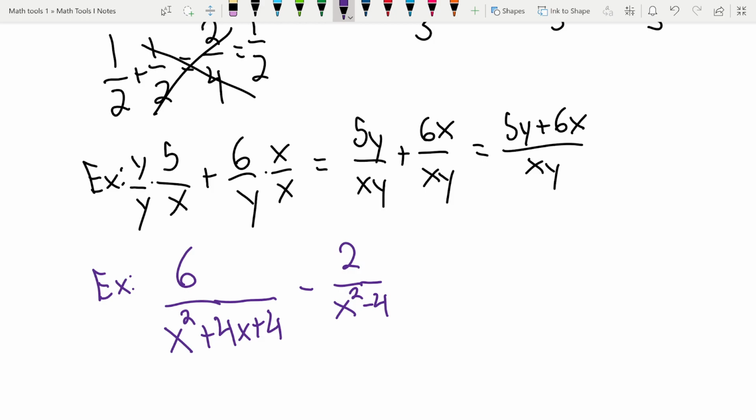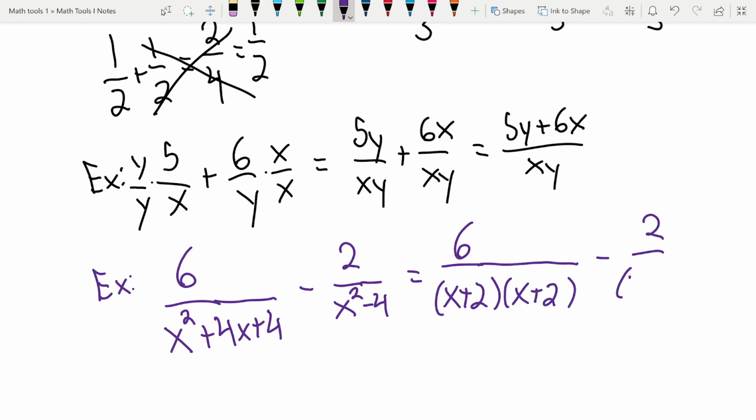So it's a good idea if we're looking for the least common multiple of these two to factor it first so that we can see what kind of factors they share. Okay, so this is 6 over x plus 2 squared minus 2 over x plus 2 times x minus 2. Okay. So this tells us that their least common multiple is going to be x plus 2 times x plus 2 times x minus 2.